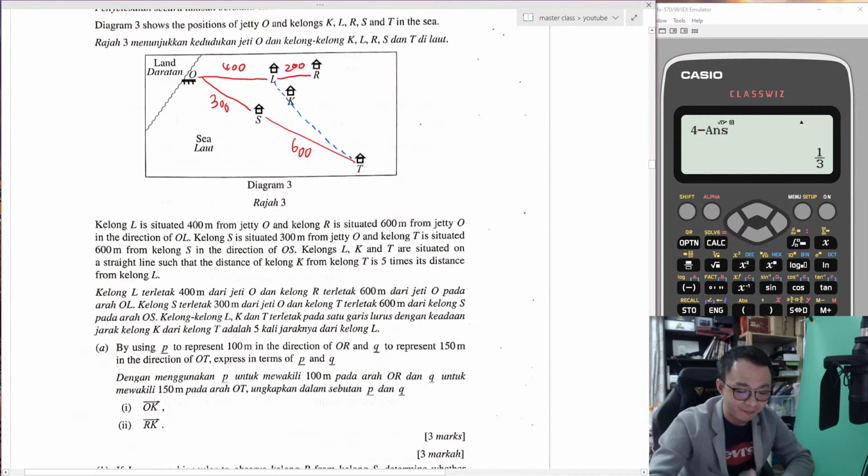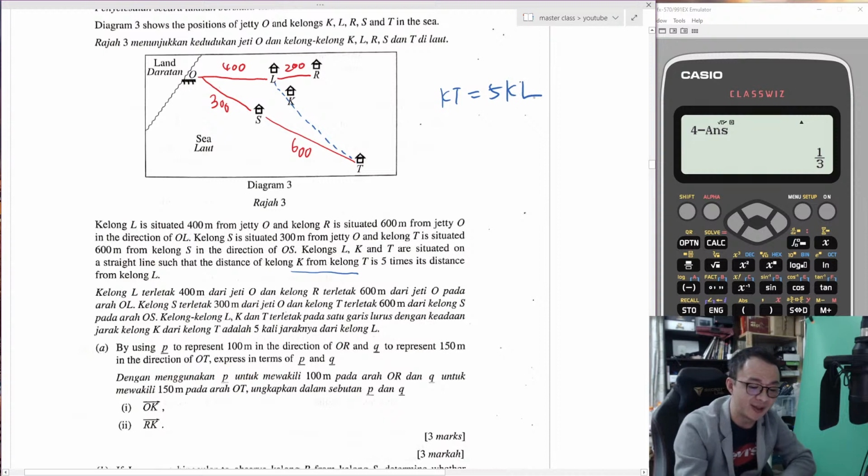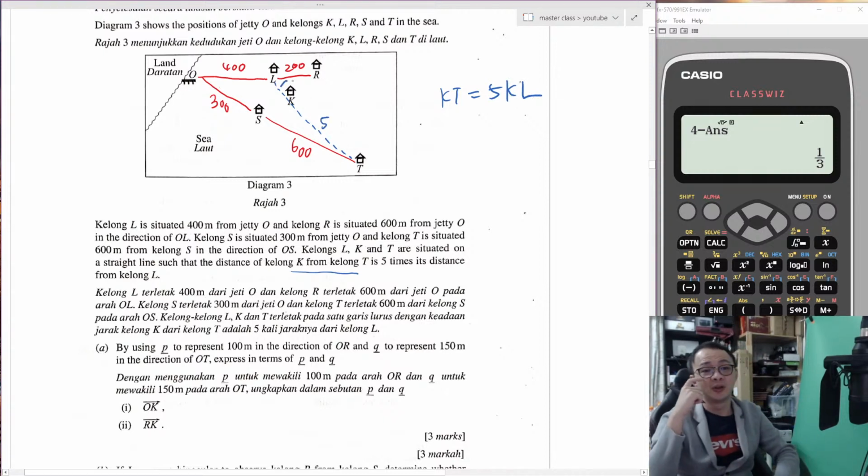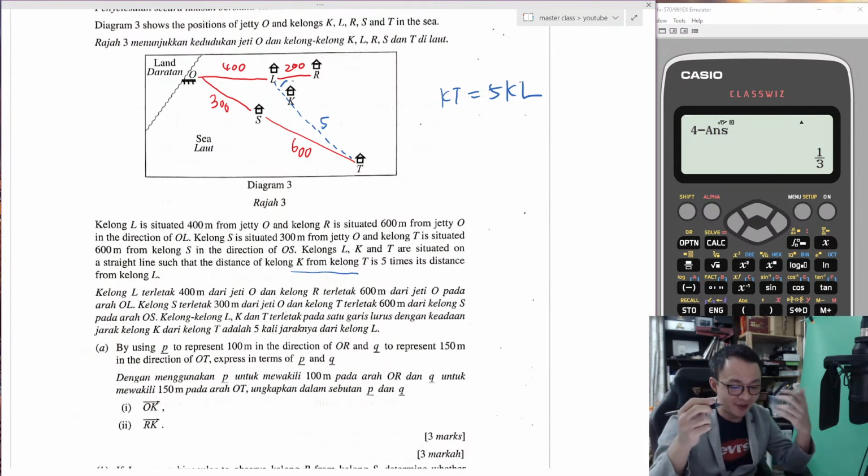Then that tells us something important: the distance of K from T, that means KT, is 5 times its distance from L. So basically KT is equal to 5 KL. So basically here will be 5, here will be 1 in the ratio. Okay, not yet finished.